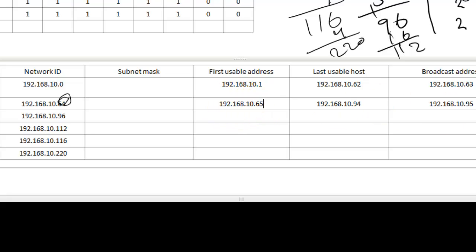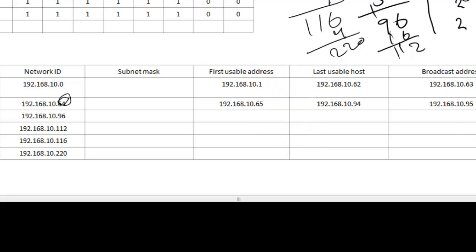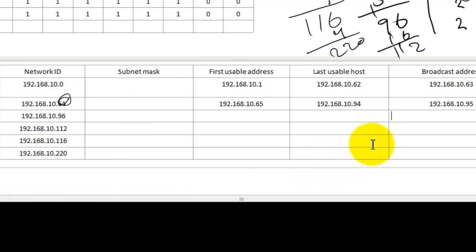Okay, so let's do the same one here too. Here, if you notice, this is 95, it's 96, it's in sequence still, just an increment of 1. The next one is 112. You minus 1 from it, you're going to get the broadcast, so it will be 111.